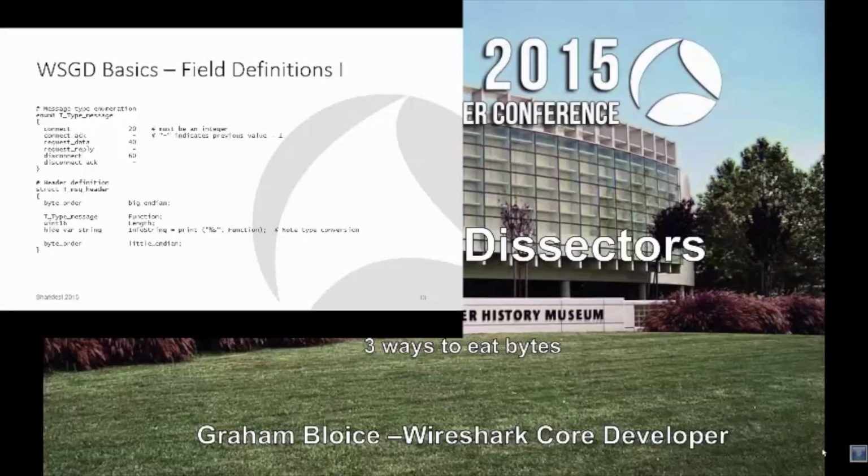So you set the byte order of the data, big endian or little endian. You indicate that we've got a function field which is of T-type message, which is that enumeration we've just done previously, so it's one of those values. We have a length field that's of uint16, so that's an unsigned integer of 16 bits or 2 bytes.